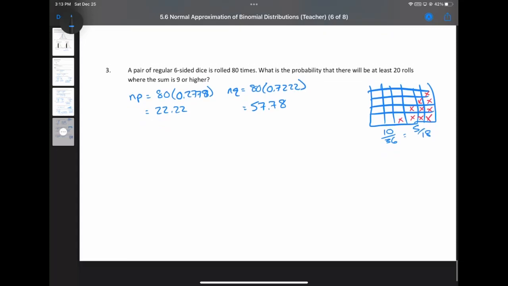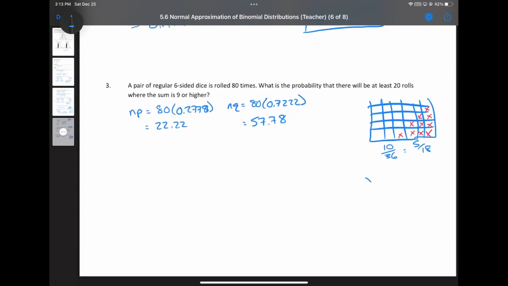Next step, I suppose, would be figuring out what x bar and sigma are. X bar we already have, it's 22.22. Sigma is the square root of NPQ, which is 80 times, humor me here, I'm just going to write these in as fractions because it's easier than writing in the decimals with the amount of space I have. So probability of success is 5 out of 18. Probability of failure is 13 out of 18.